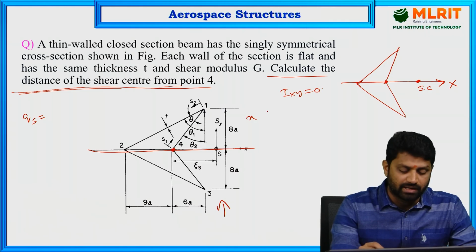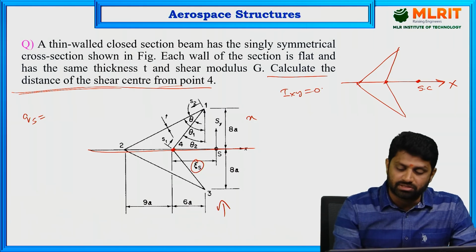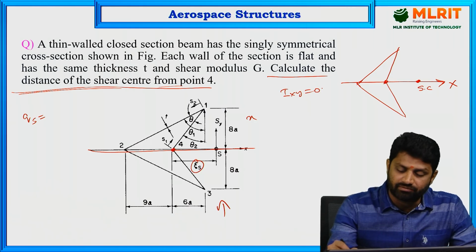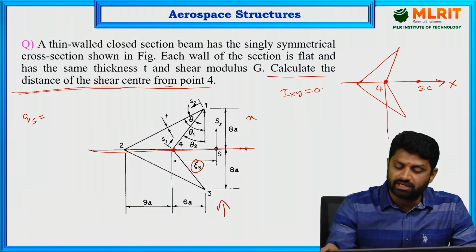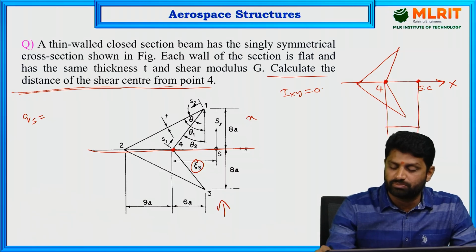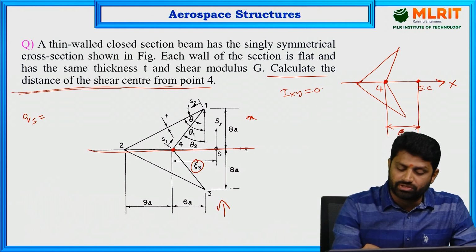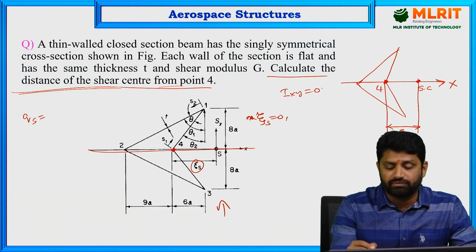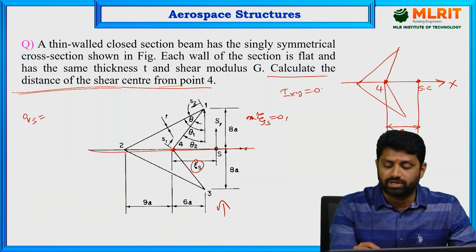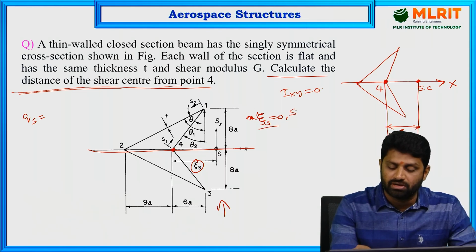The horizontal position of the shear center is asked from point 4, and he is giving that distance as zeta s. As we discussed in the previous session, to calculate the horizontal position of the shear center, we have to assume a vertical load.